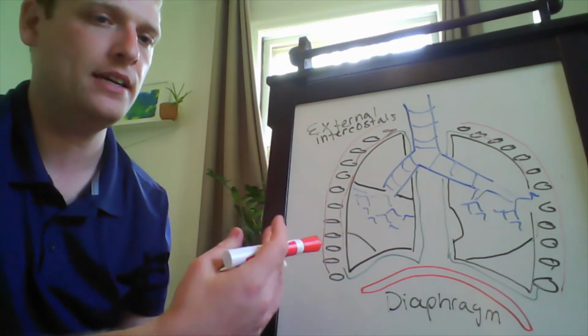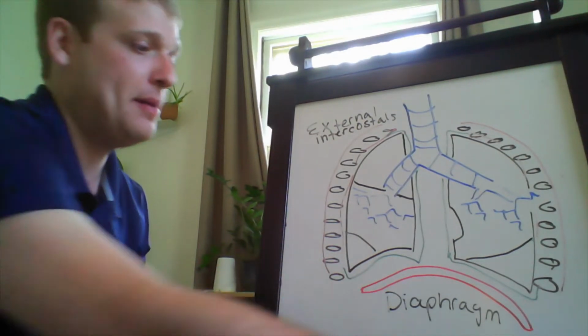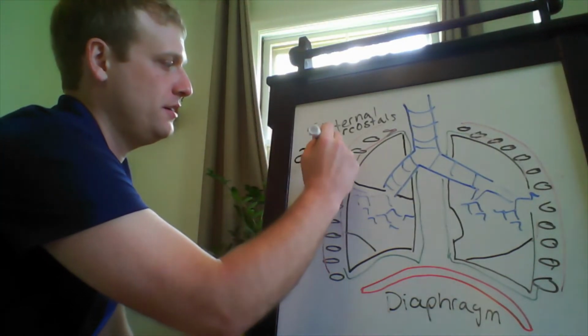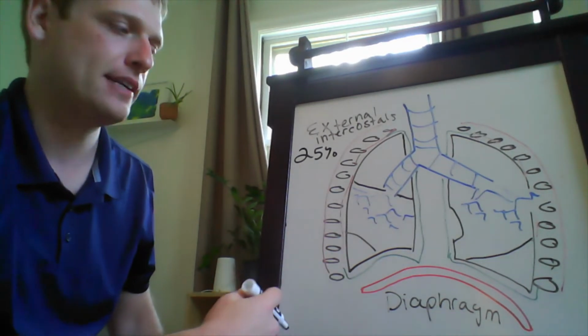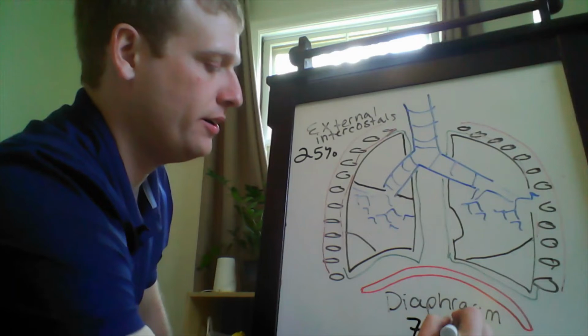So the muscle on the exterior between the ribs is going to be providing about 25% of the effort that it takes to expand or contract the lungs, whereas the diaphragm is doing about 75% of the work.